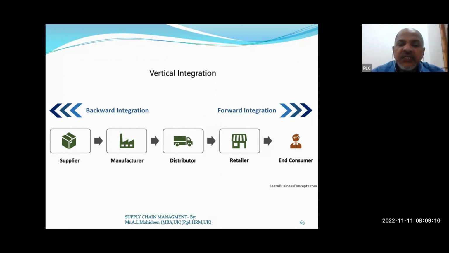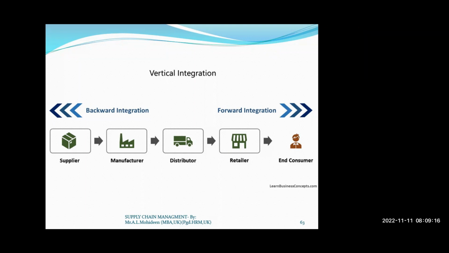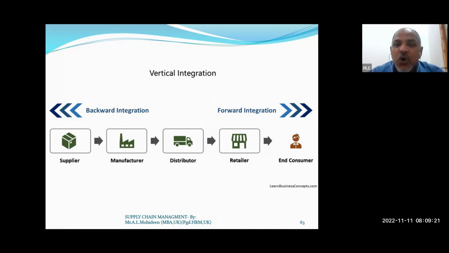In backward integration, you own your suppliers. Earlier, you had suppliers and you had agreements with suppliers. Now you own your supply. So you have to think about how you can own your supply.